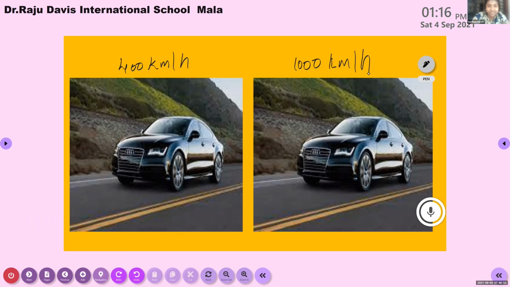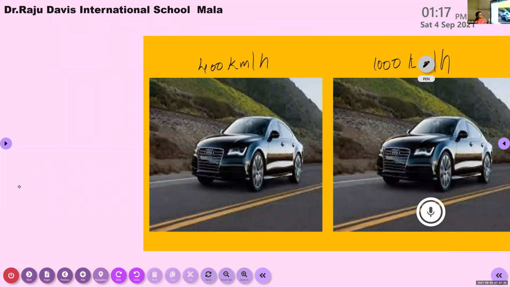We need to apply a greater force onto the second car because it is moving with a greater velocity. What is the conclusion that we draw from this figure? The force required to stop a moving body is directly proportional to its velocity, right? For example, the first car has a mass of 450 kilograms and the second car also has 450 kilograms.